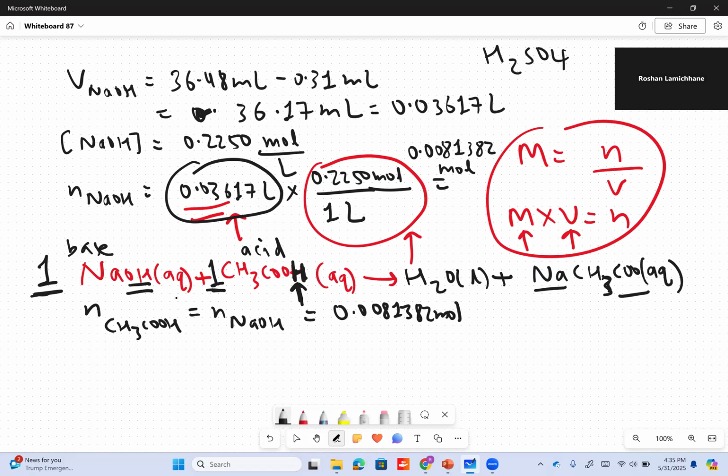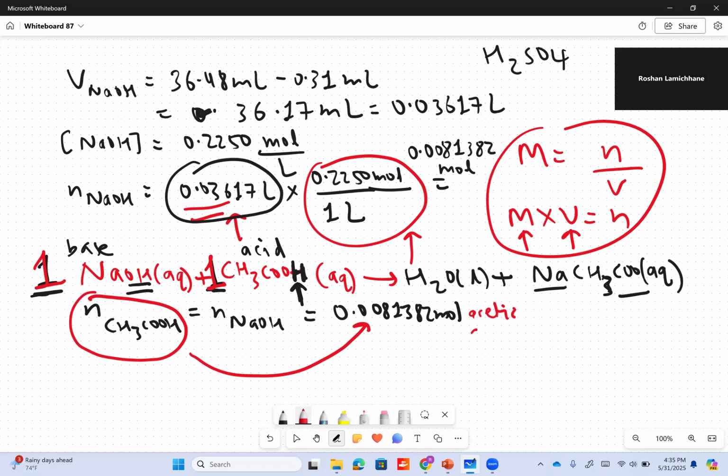Remember, this is the moles of acetic acid as well, because we just said that the number of moles of acetic acid is equal to the number of moles of NaOH because they are reacting in equimolar ratio. And I can go from moles to mass from my conversion factor of molar mass.